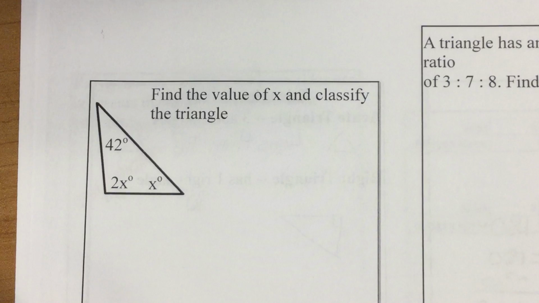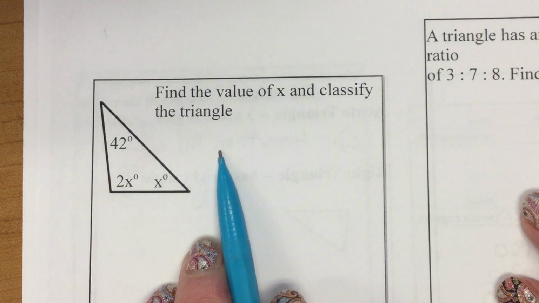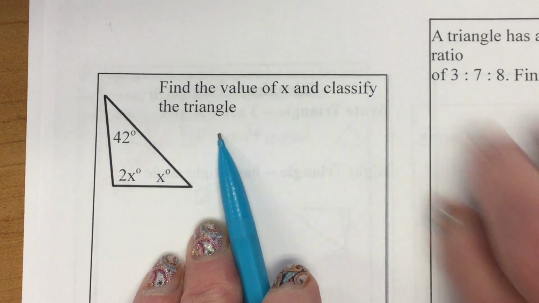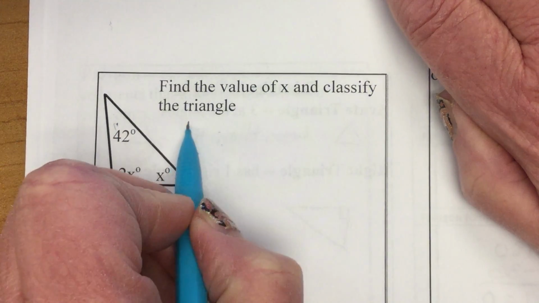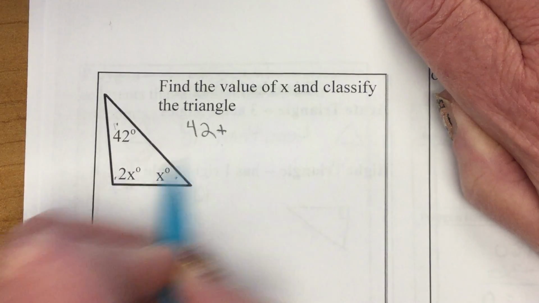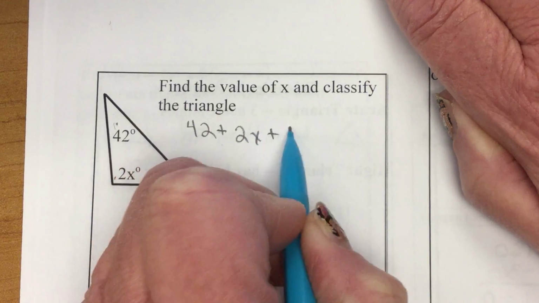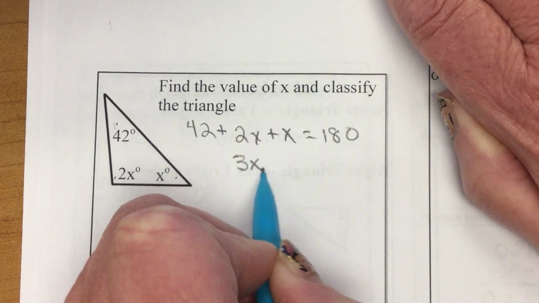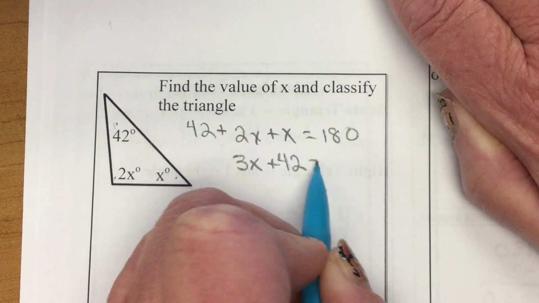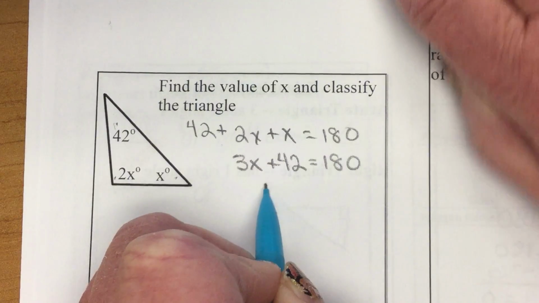So, if we want to find the value of x and then classify the triangle, we start out with 42 plus 2x plus x equals 180. 3x plus 42 equals 180.